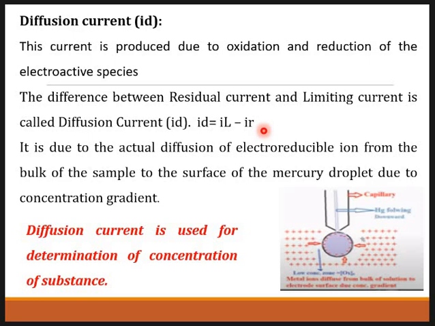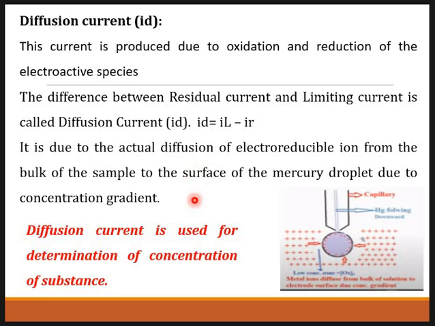As we already discussed, when the applied potential is equal to the reduction potential of the metal, the metal starts to reduce and it produces a Faraday current, isn't it? And the main reason for the diffusion current is the diffusion of electroreducible ions from the bulk of the sample to the surface of a mercury droplet due to the concentration gradient.